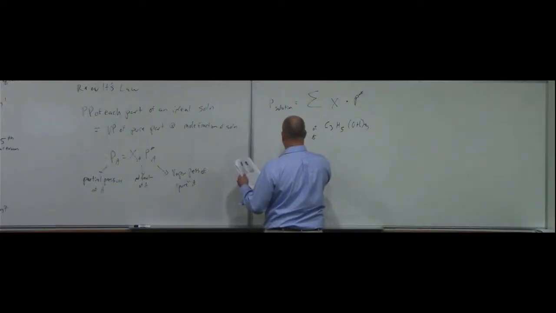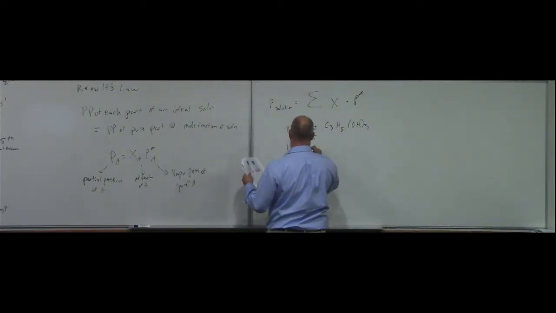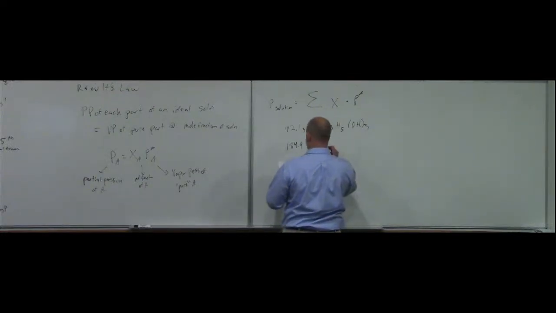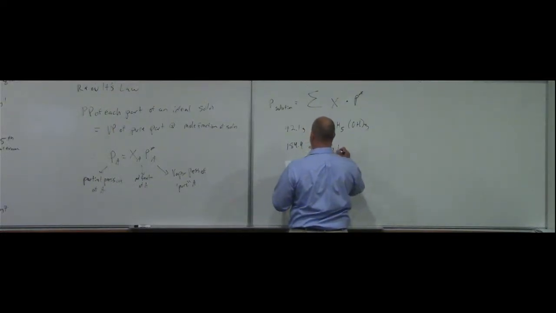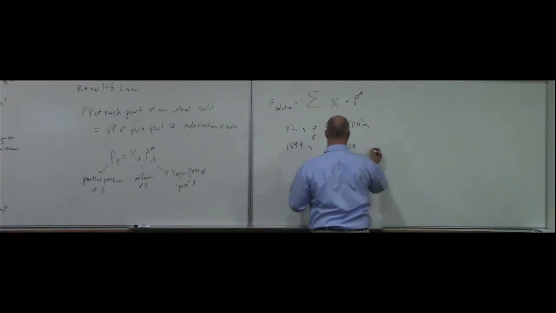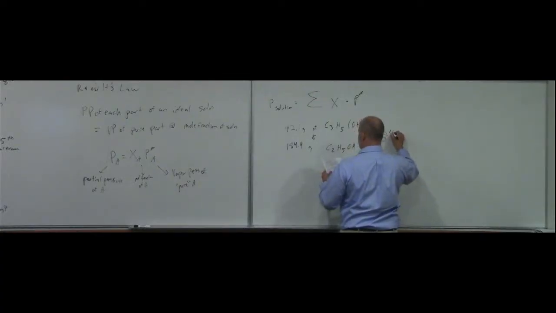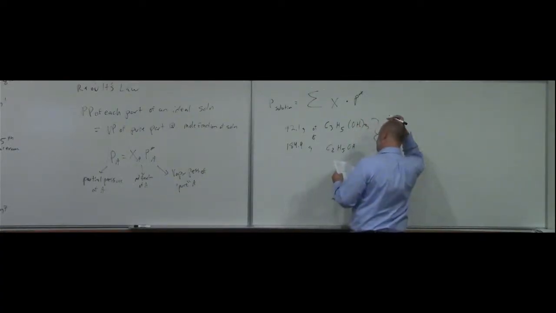And 184.4 grams, I'm sure this is water. I sure hope this is water, but it might not be. Of ethanol, which is C2H5OH. This is at 40 degrees centigrade.